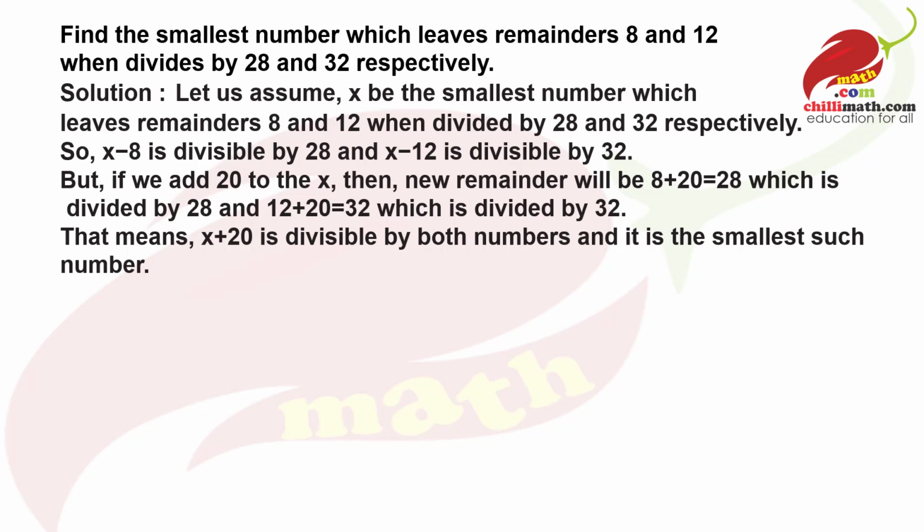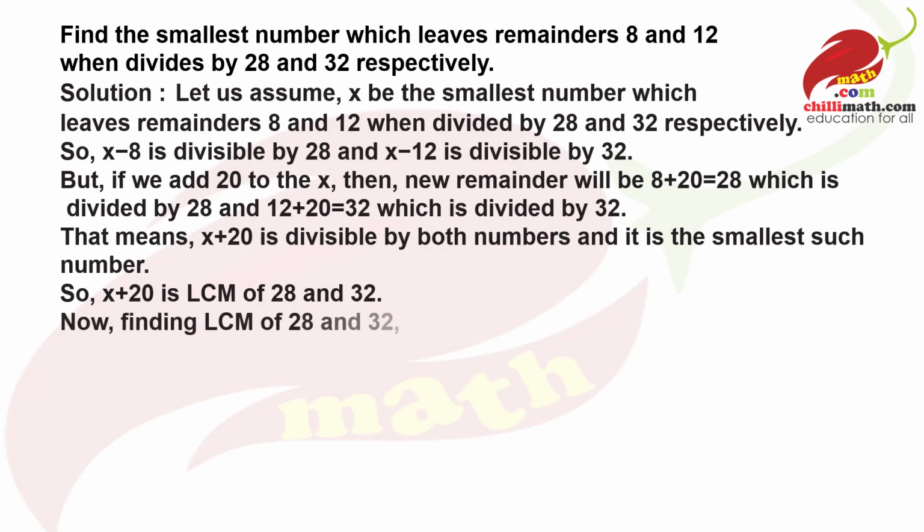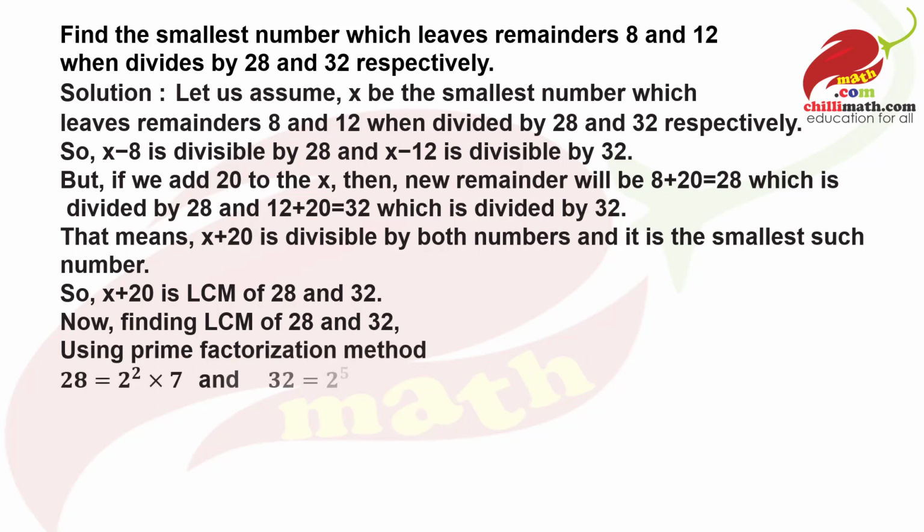So, x plus 20 is the LCM of 28 and 32. Now, finding the LCM of 28 and 32 using the prime factorization method. 28 equals 2 squared times 7 and 32 equals 2 power 5.